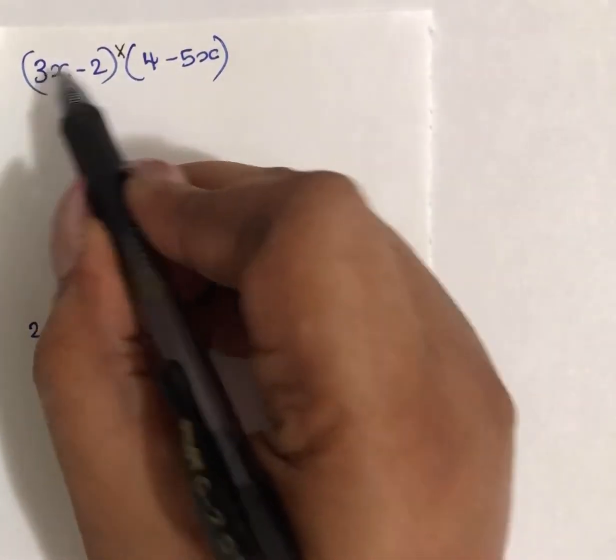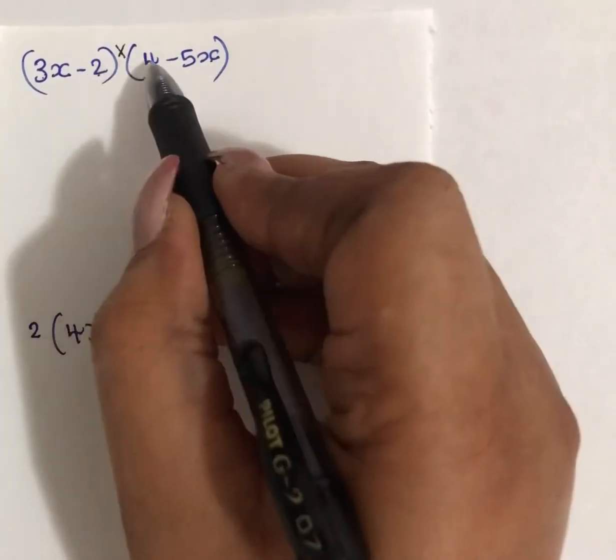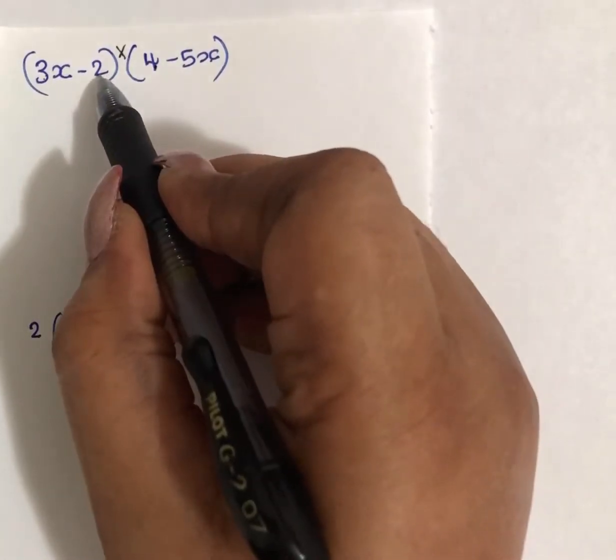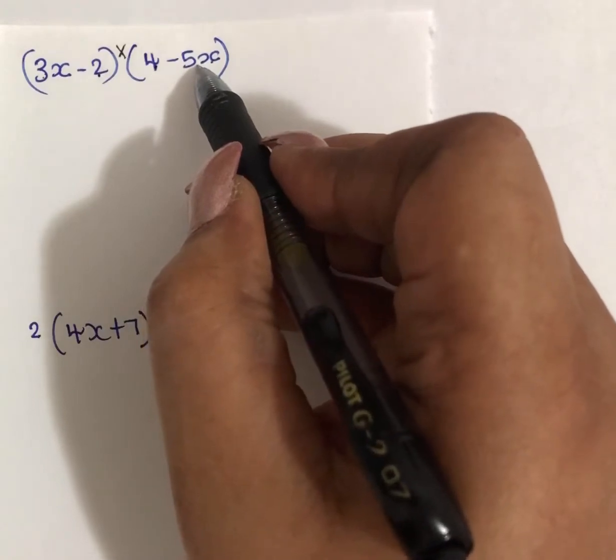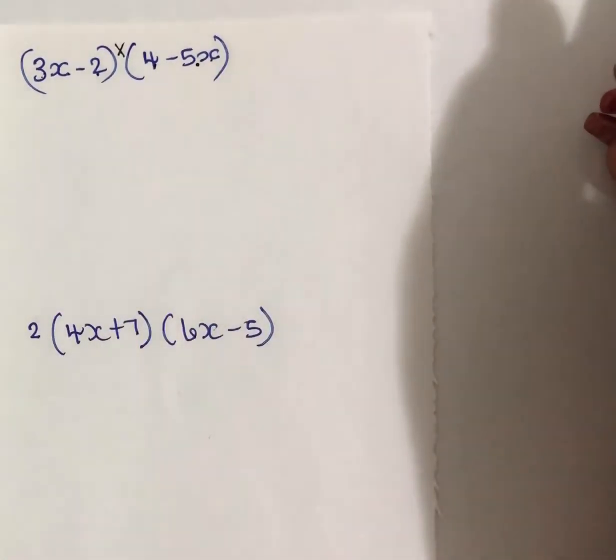So we go first by first, first by second, second by first, second by second. All right? And once we've done that, we are going to connect like terms by either adding or subtracting.